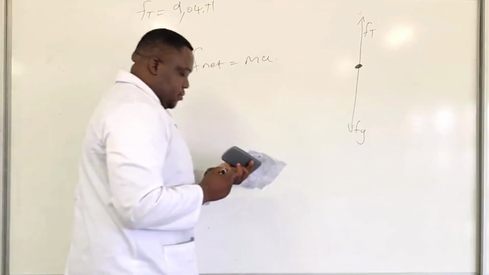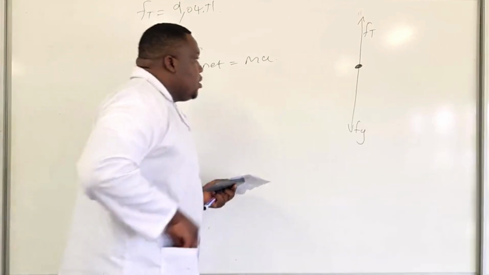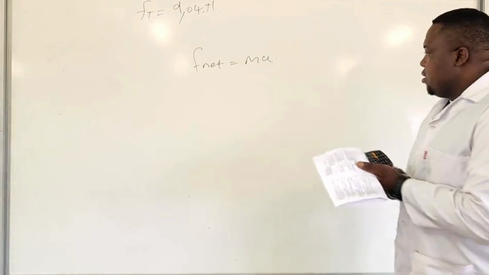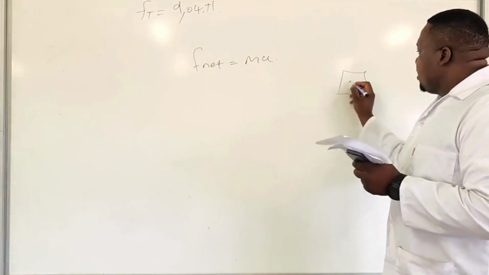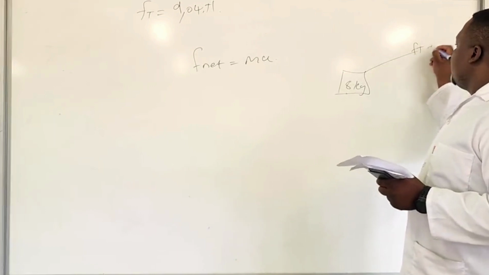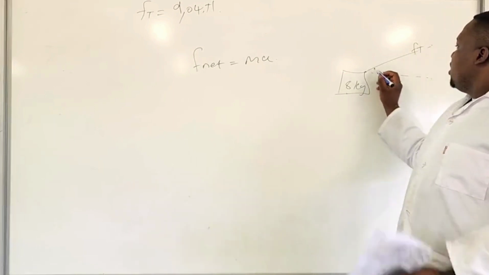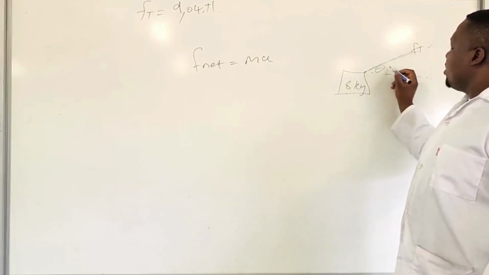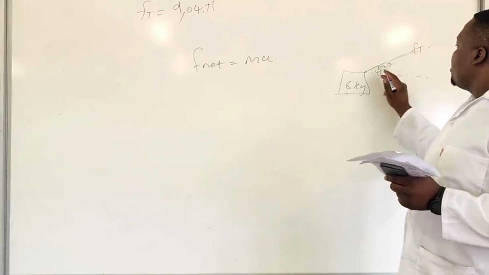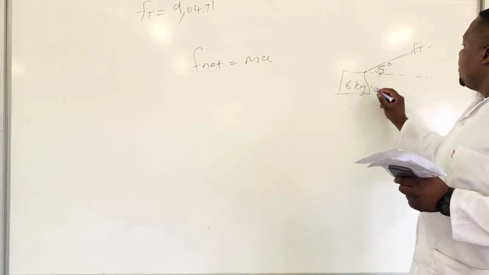Let me make a drawing for that so that we can understand. This is the 8 kg block. Tension is like this, Ft. Tension is acting at this angle. Can you see? At this angle, 15 degrees.